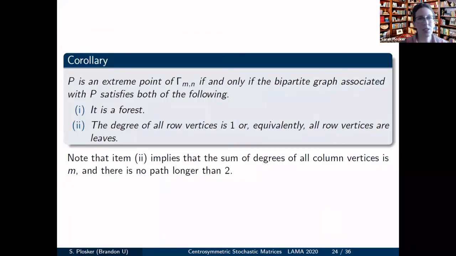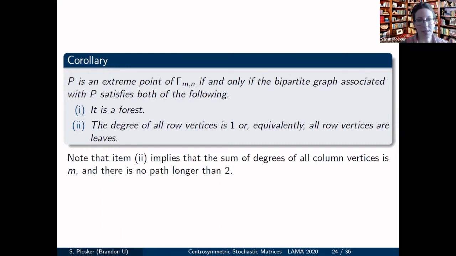Okay, and so then we reinterpreted our results in terms of these graphs. We have an extreme point of the stochastic M by N matrices if and only if the associated bipartite graph is a forest, and the degree of all row vertices is 1, or equivalently, all row vertices are leaves.